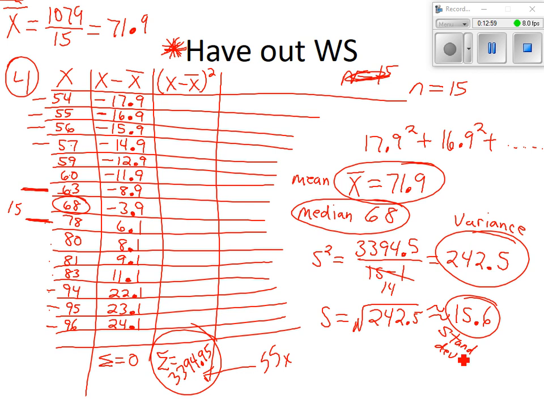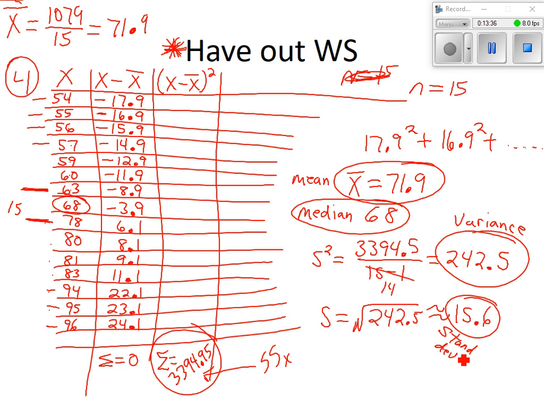Remember the standard deviation, if we were going to draw a little chart out here, and we're going to go into this more today, on our little graph we put our mean right in the middle, 71.9. We usually go out 3 standard deviations on each side. Here we add 15.6, that is 87.5.